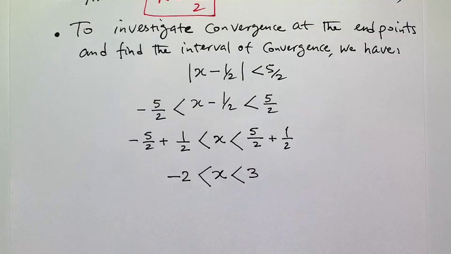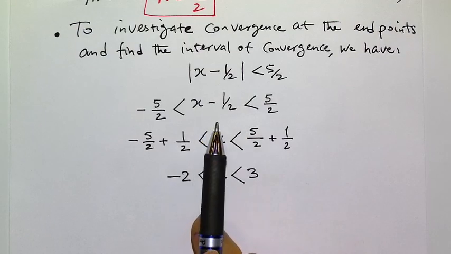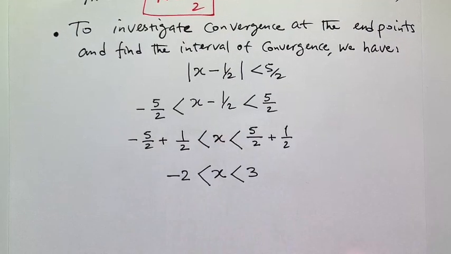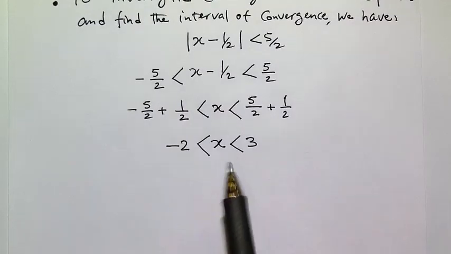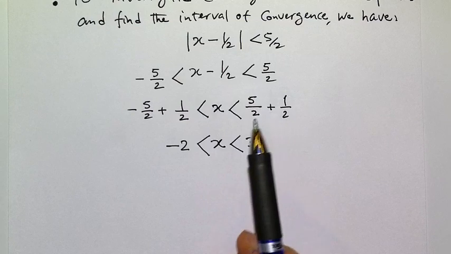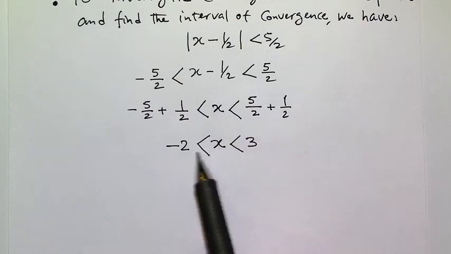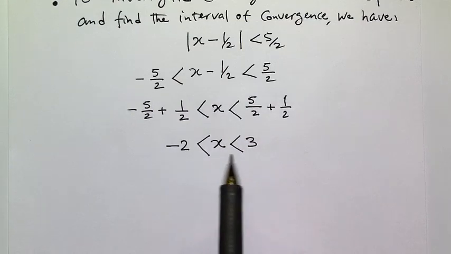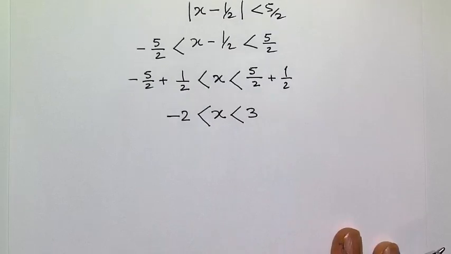So minus 4/2 and 6/2, after adding positive 1/2 to all sides. So we know that the series is going to converge from -2 to 3. But what happens at -2 and what happens at 3? Let's find out.